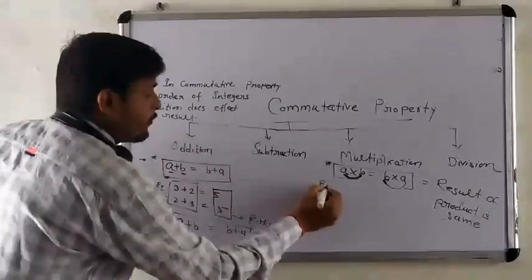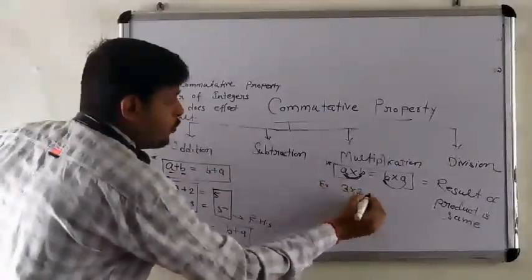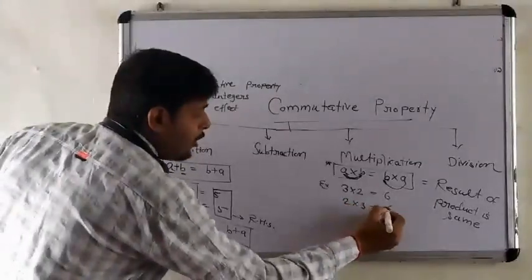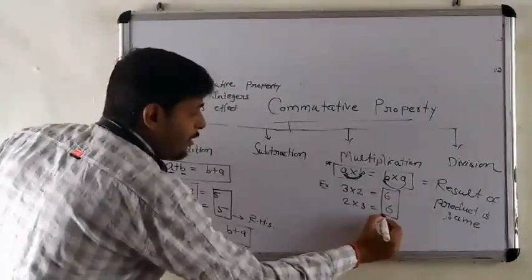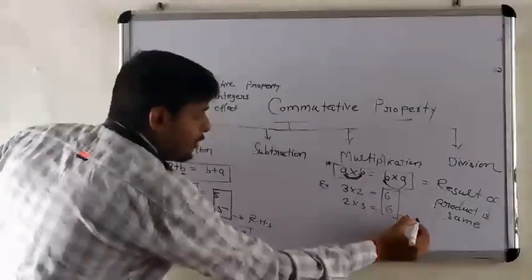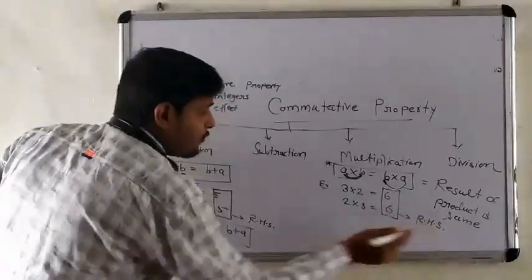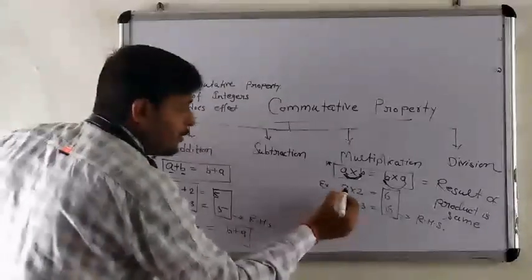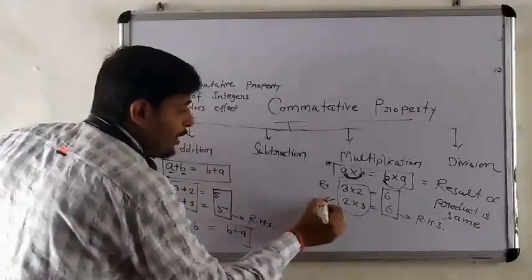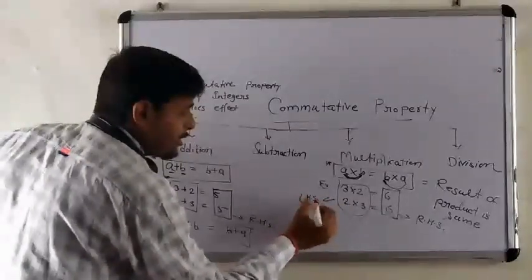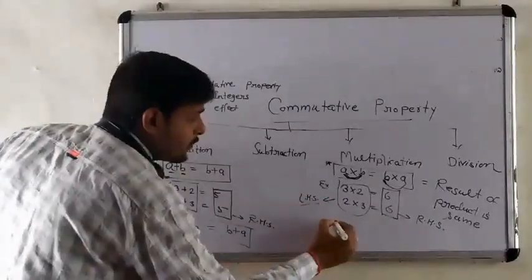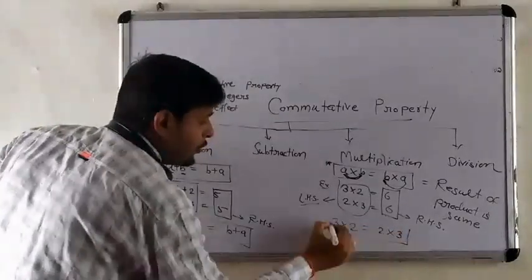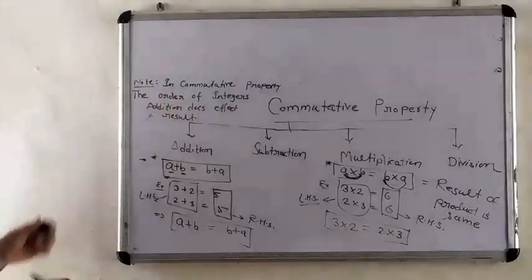For example, 3 into 2 is equal to 6 and 2 into 3 is also 6. We can see clearly the RHS of these two sides are equal, same. LHS of these two equations are equal. So we can say 3 into 2 equal to 2 into 3.